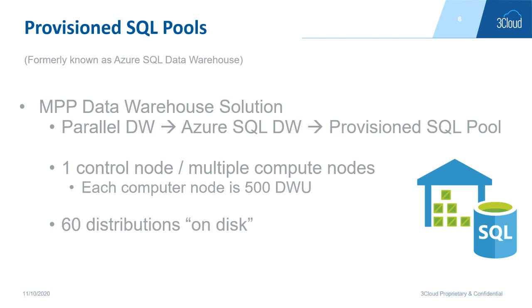And the data is actually distributed on disk in 60 different files so that it can read in parallel, and you can distribute the data based on how you want to set up the tables. You can do a round robin solution, or you can do a hash key and partition on that, as well as replication if it's a small enough table.